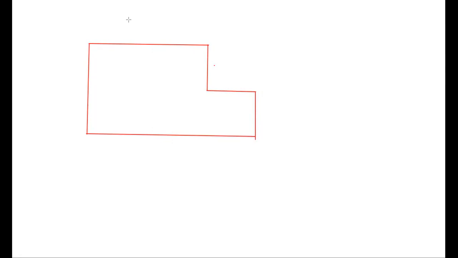Quickly you draw this figure. Then the measurements: this one is 12 centimeters. This length is 8 centimeters. This one is 15 centimeters.